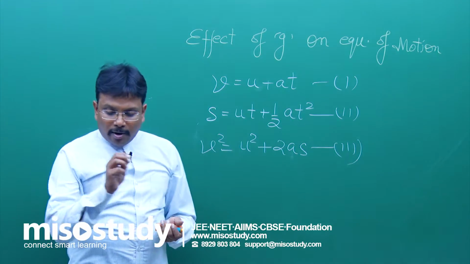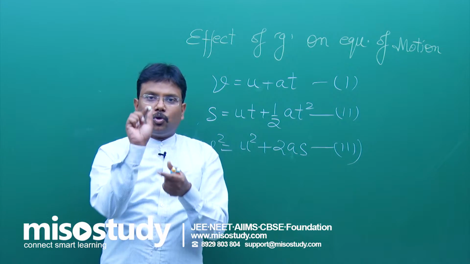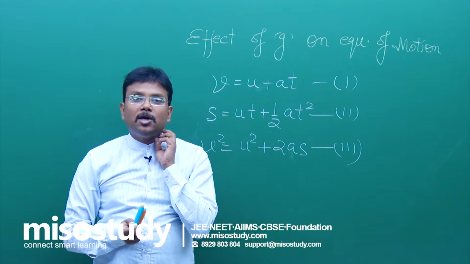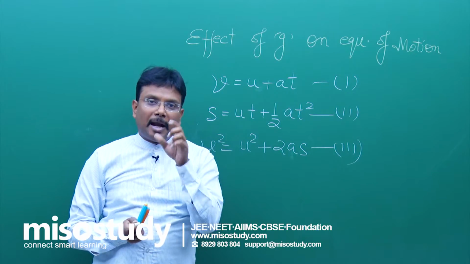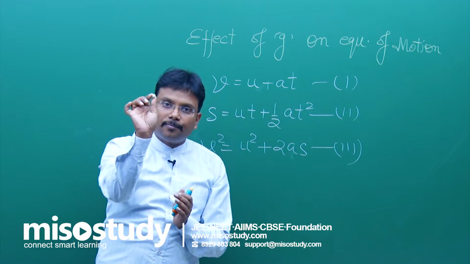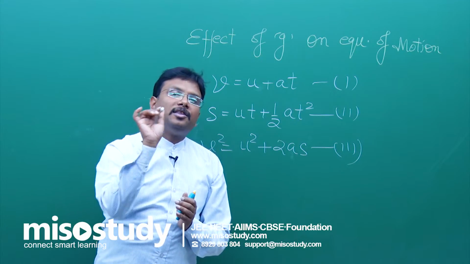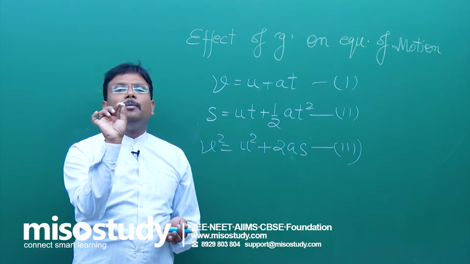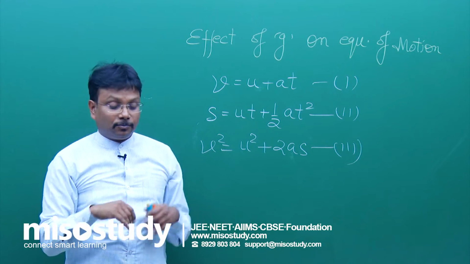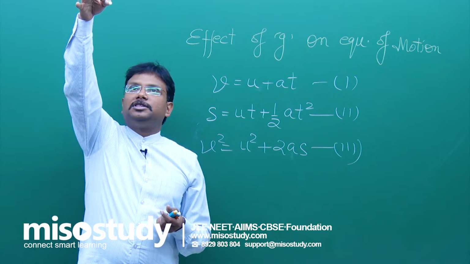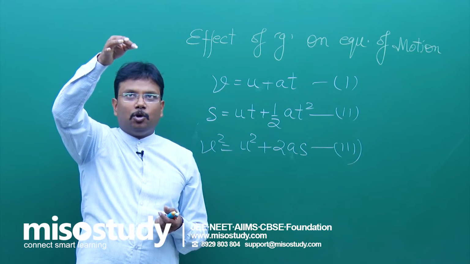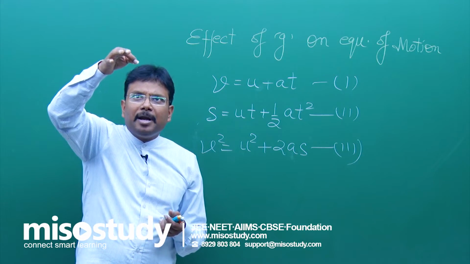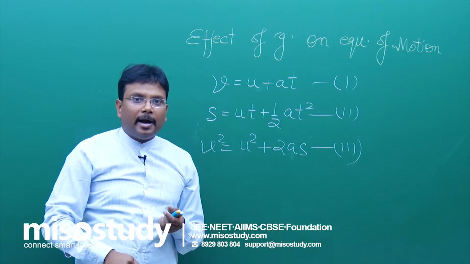But if this chalk I am throwing towards the camera, for the time being you can say the physics teacher is applying some force onto this chalk, and that is why it is coming towards the camera. So, according to that force, you can define that this chalk will come with some acceleration A. But if I am just dropping it, I am not throwing it, I am simply dropping it, releasing it from my hand.